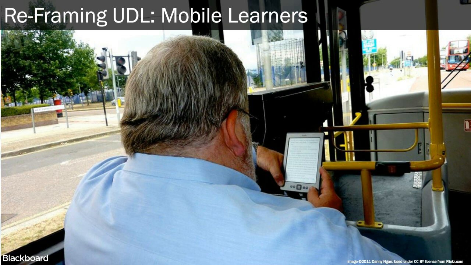So trust me that when we go along here, I'm going to suggest that if you're talking to your provost, your deans, your president, your building principal, your CEO, your CIO, that when you talk about universal design for learning, don't just talk about it as a way to make accommodations for people with disabilities, but talk about it as a way to make the interactions that happen at your institution more easily accessible, easier to get into, start, and have for people who are on their mobile devices.